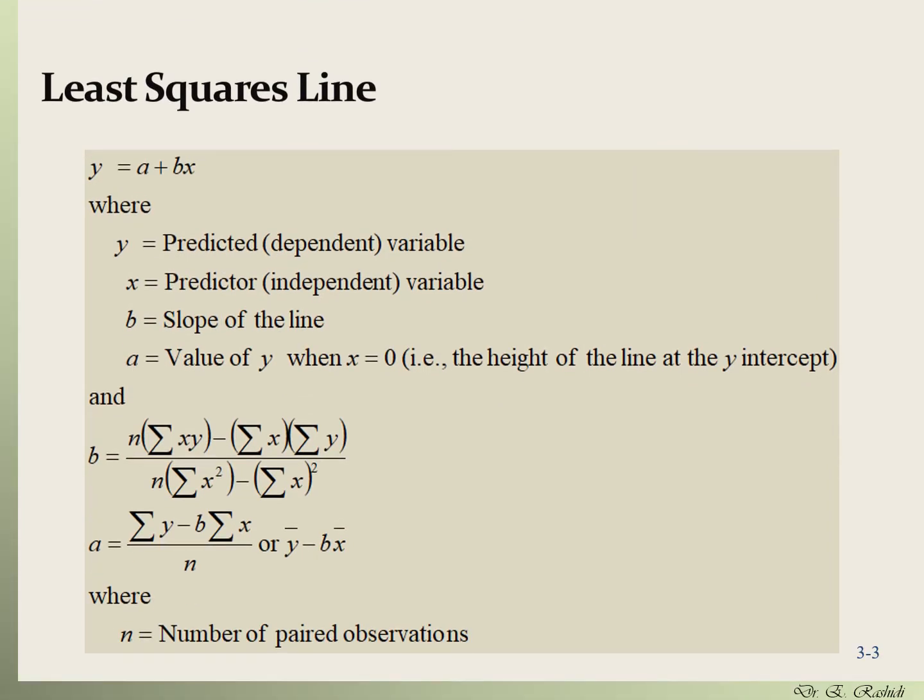Suppose you have your data set. The predicted variable is plotted on the y-axis and the independent or predictor variable is plotted on the x-axis. And then you have, for example, a scatter chart built on the data points that you have. You want to fit a straight line as a regression line to the data.